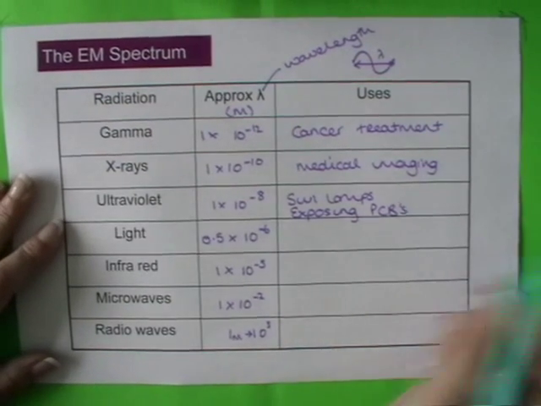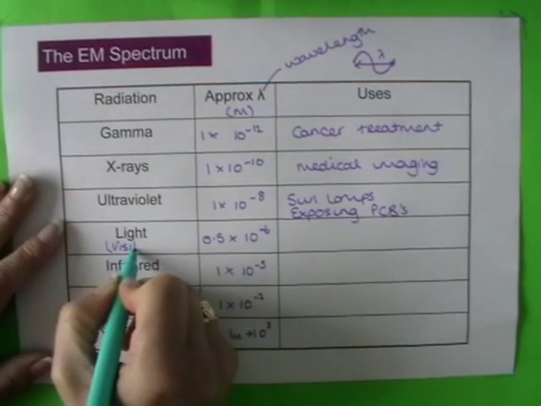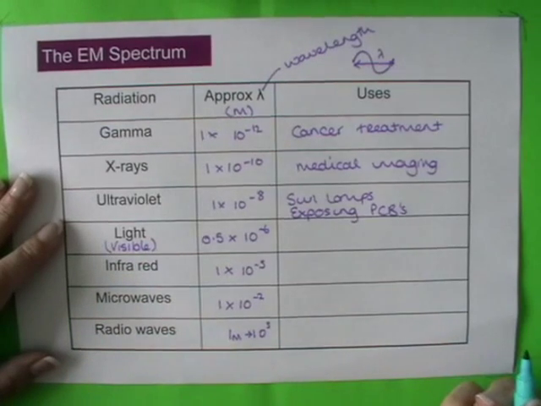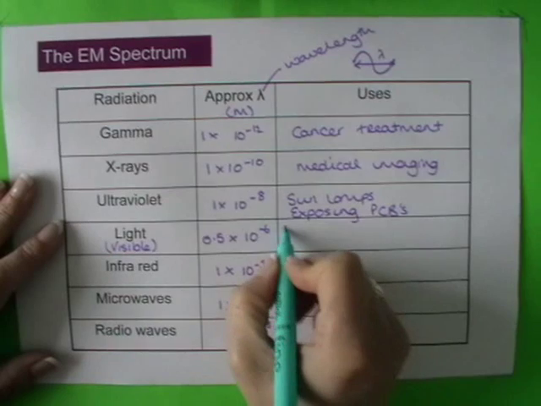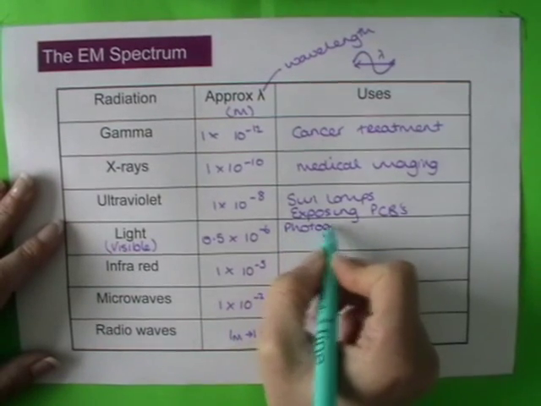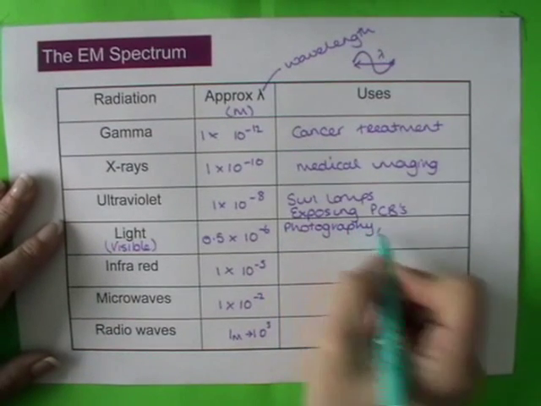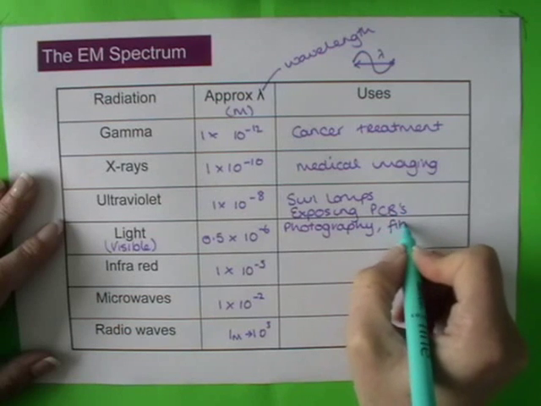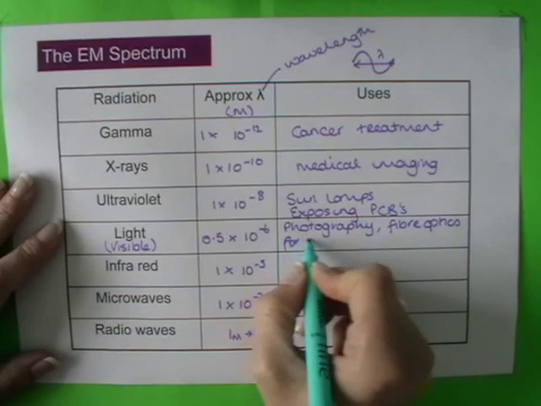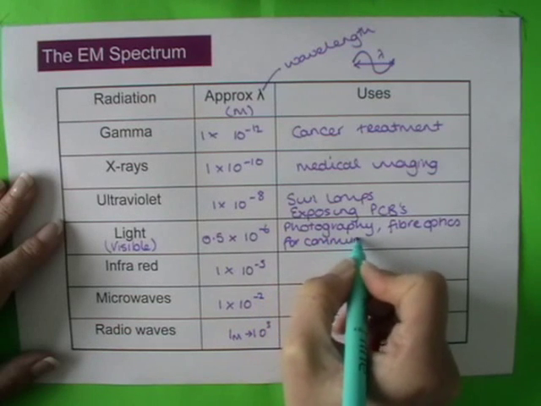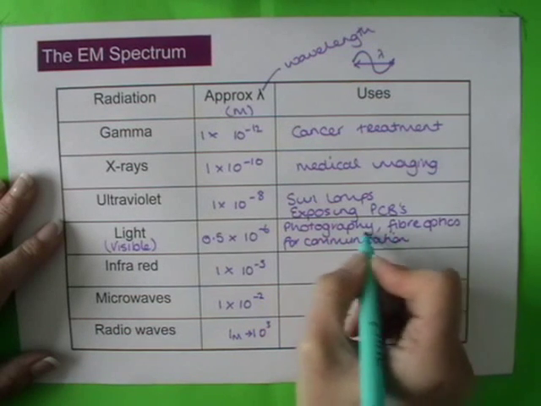Light, the visible spectrum, if we call that visible light, it's used for a whole range of different applications, including photography, for fibre optics, for communication, and also within medicine.